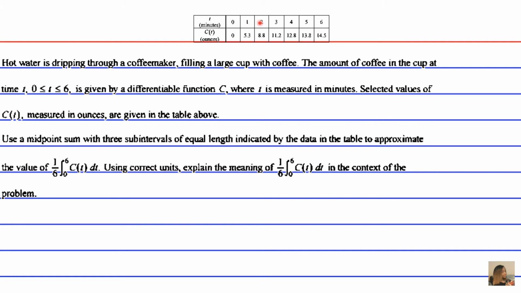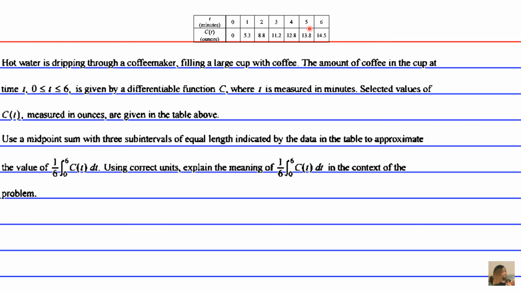So each subinterval has a width of 2: 0 to 2, 2 to 4, and 4 to 6. But we have to take the midpoints. So we're looking at a midpoint of 1 in the first interval, a midpoint of 3 in the second interval, and a midpoint of 5 in the third.